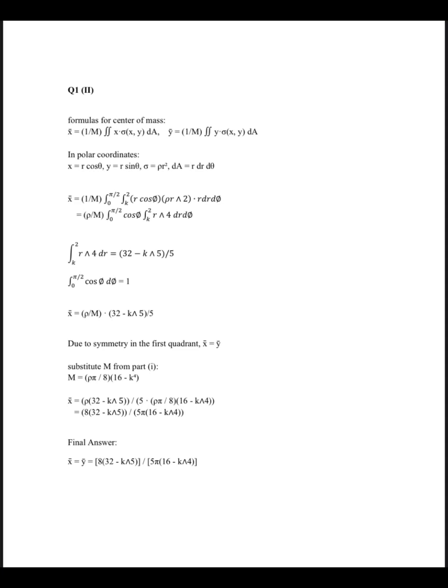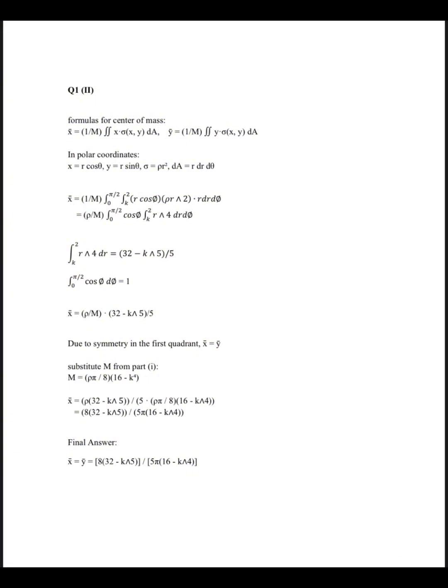Now I will explain the solution for question 1 part 2, which is to find the center of mass of a metal sheet. We begin with the formula for center of mass in 2 dimensions. We need to change to polar coordinates, which is x equals r cos theta and y equals r sin theta.